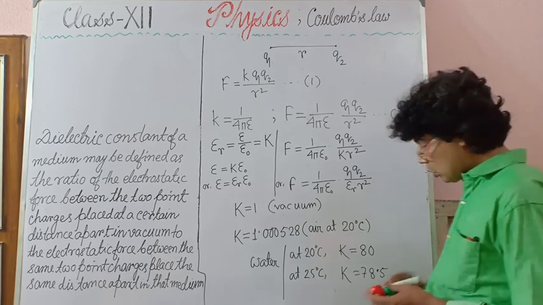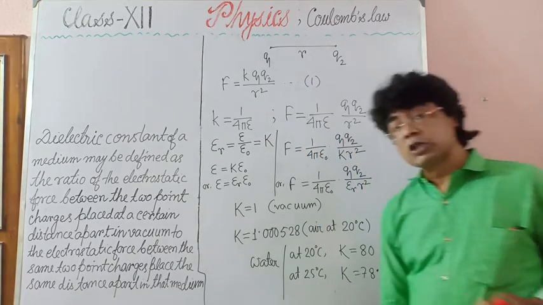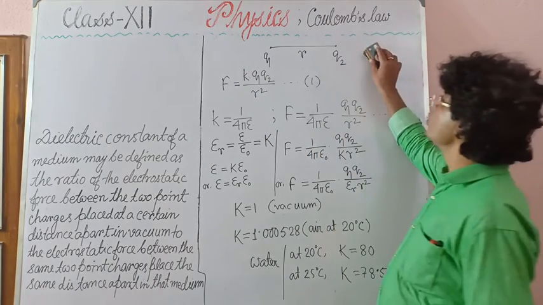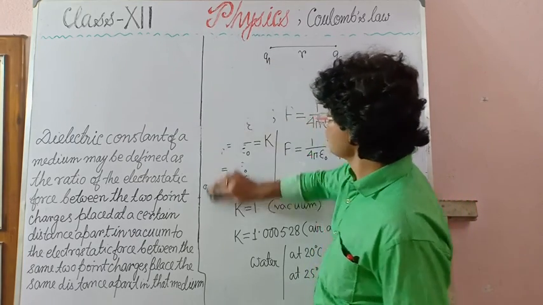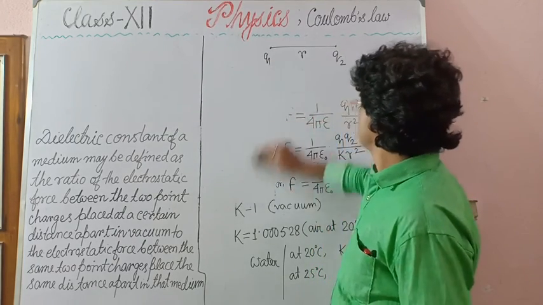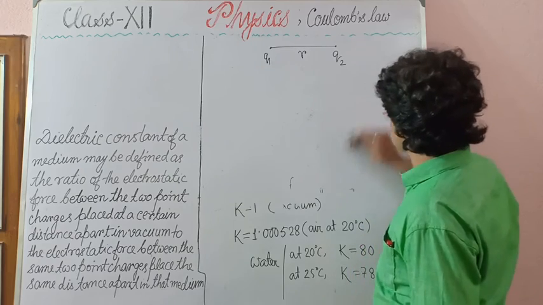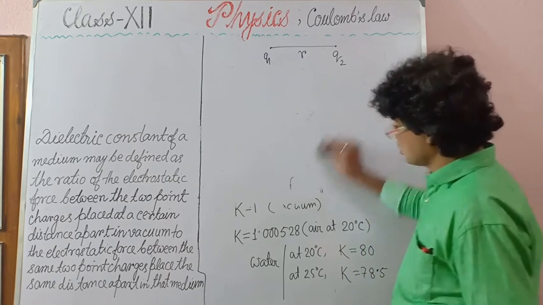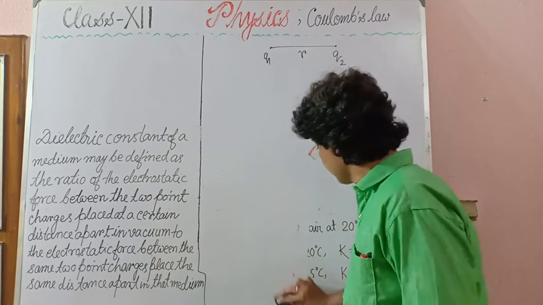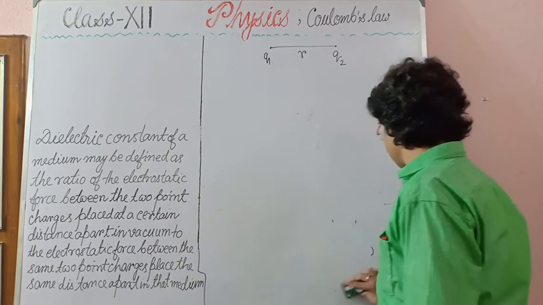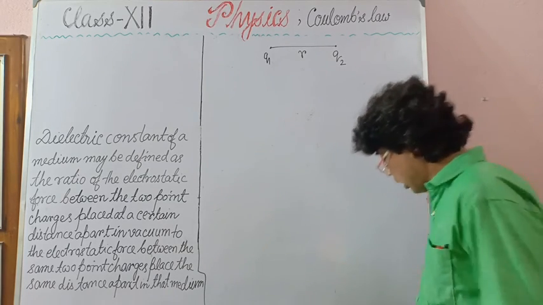Now we consider two situations. Suppose 2 point charges Q1 and Q2 separated by a distance r.